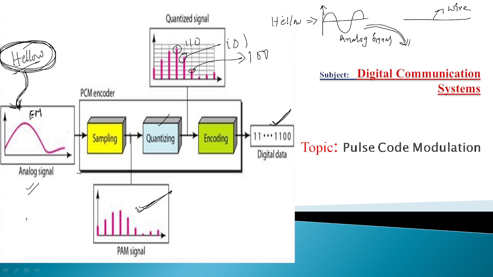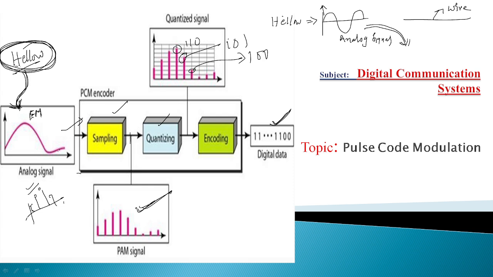For that we need to go for sampling. The original signal is sampled, so we can convert it into samples. After sampling, we go for quantization. We have different types of quantization, which we will discuss.